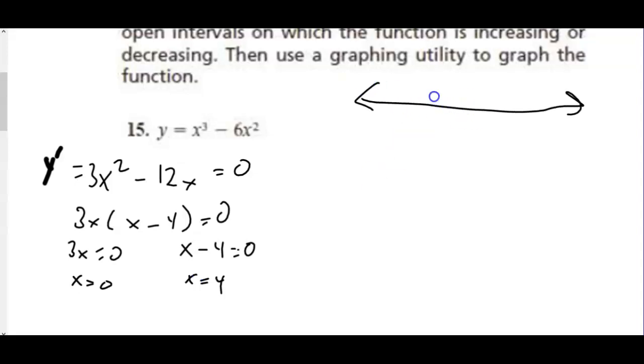So we're going to use our critical values down here, 0 and 4. Now remember, we're going to test everything. So I'm going to use another color.